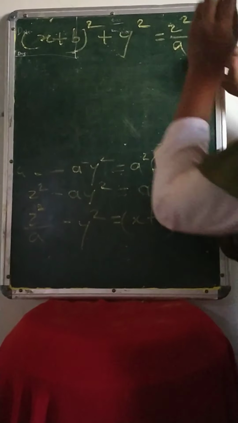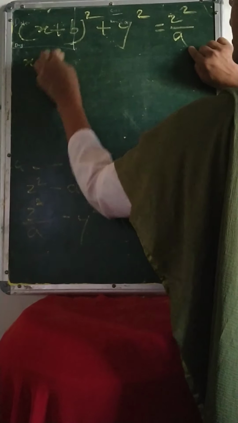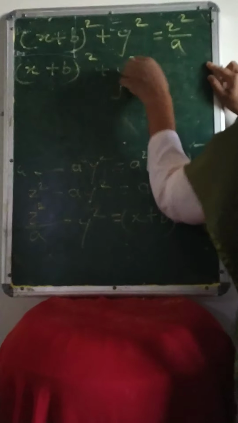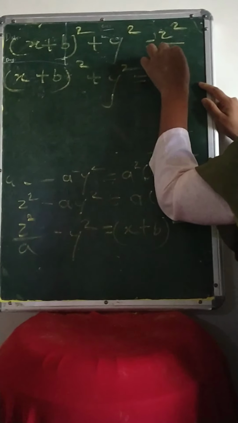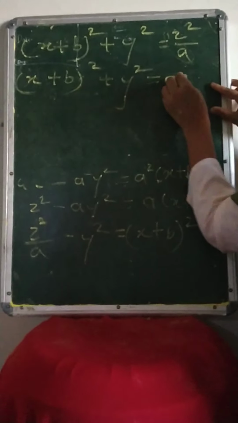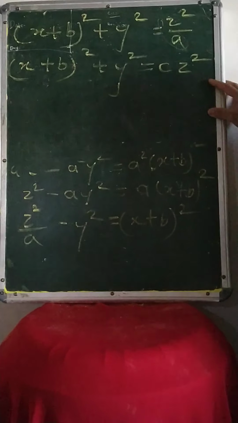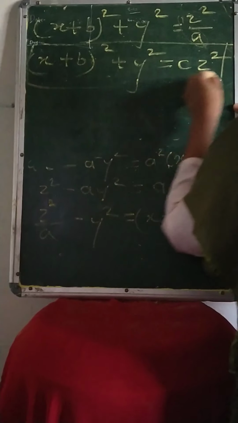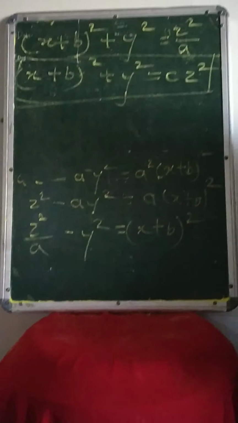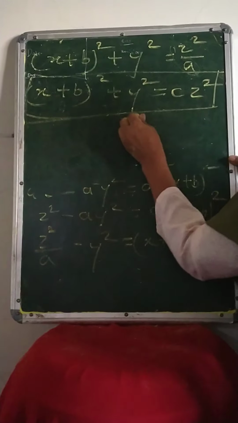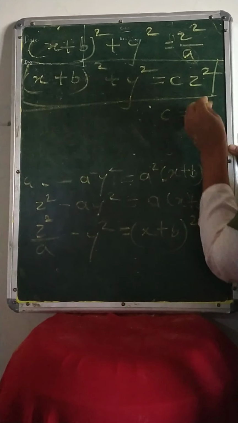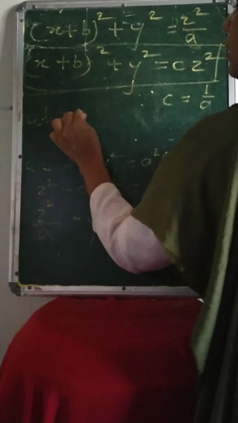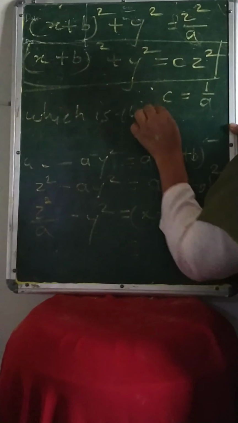Now one last term is here: x plus b whole square plus y square equal to, now here 1 upon a, we take as another constant, c z square. So this is the complete solution of the given partial differential equation by Charpit's method, where c equals 1 by a, which is the complete solution.